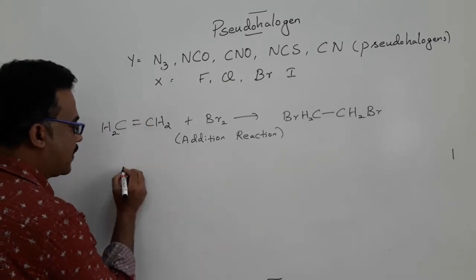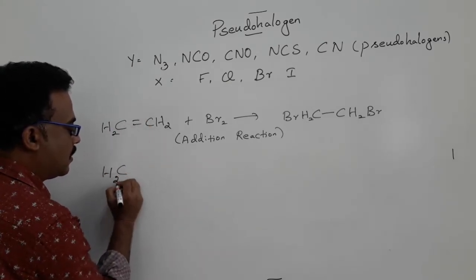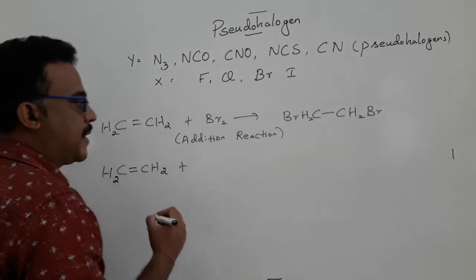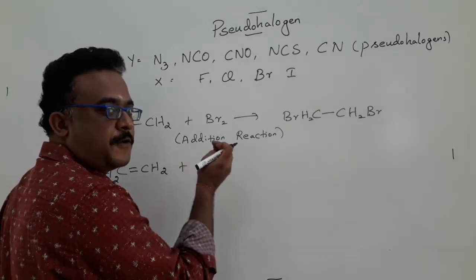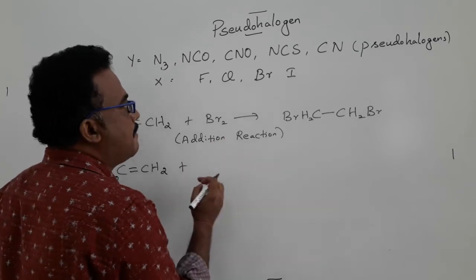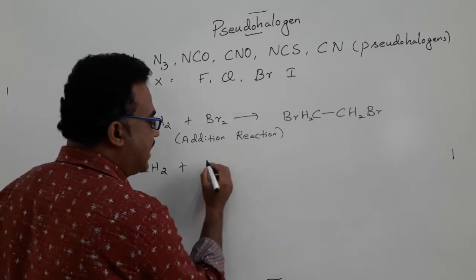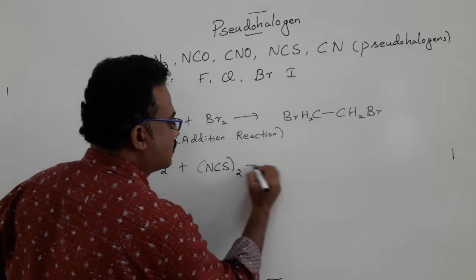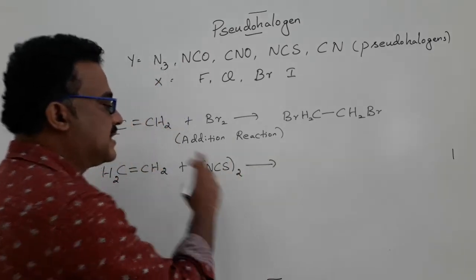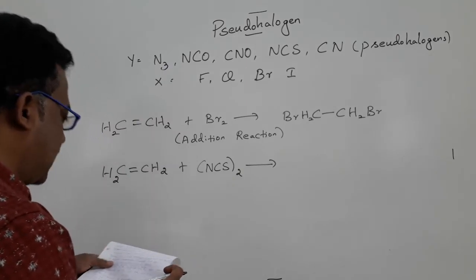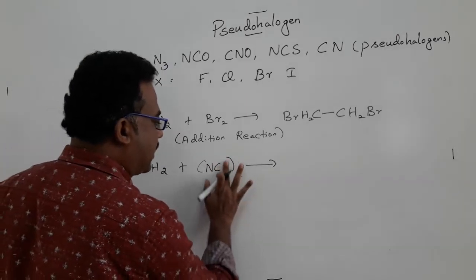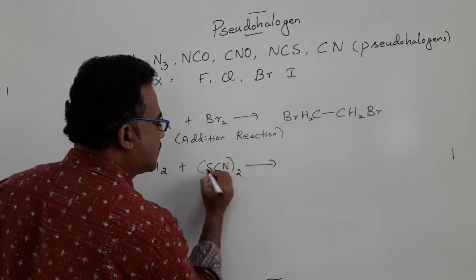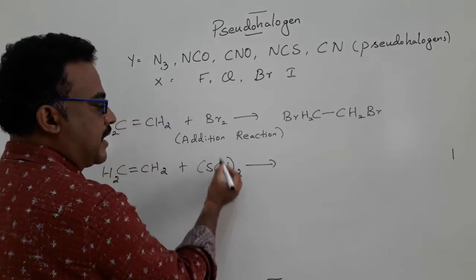In a similar way, the dimer of a pseudo-halogen radical also behaves in the same way. If you take this molecule, I think I can write it more specifically as (NCS)2, because nitrogen was bonded with the nitrogen.